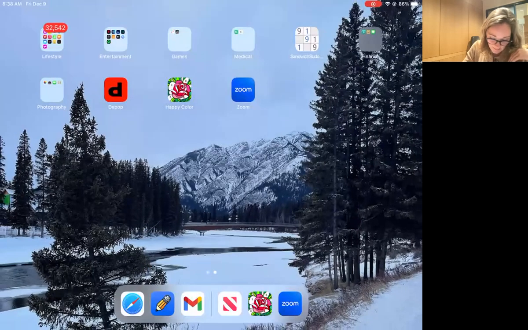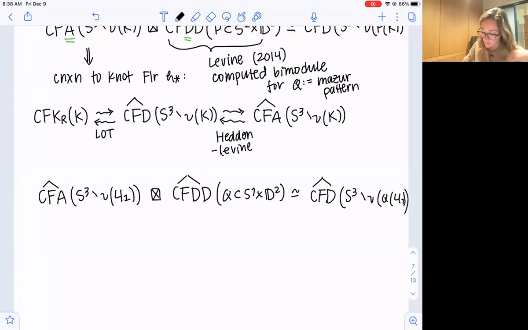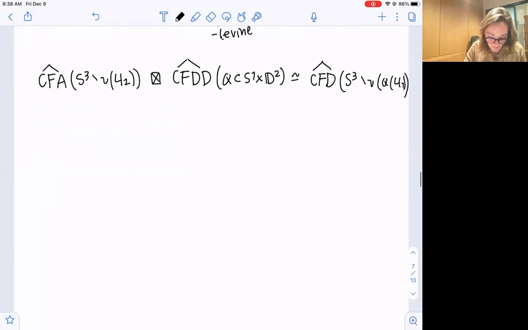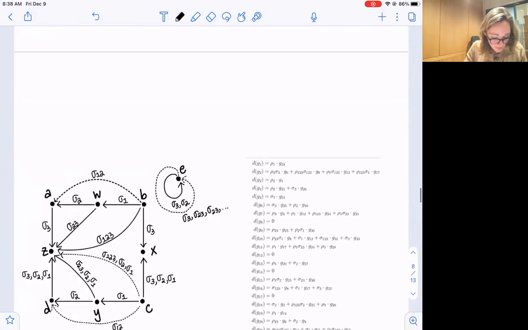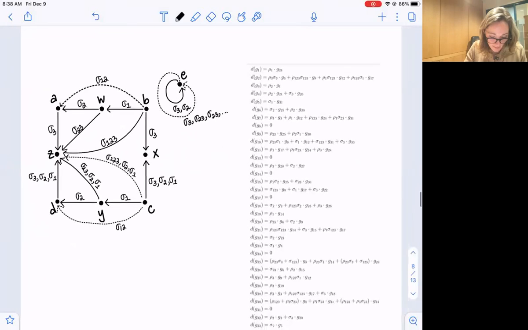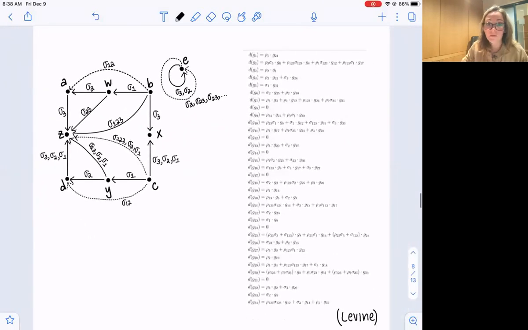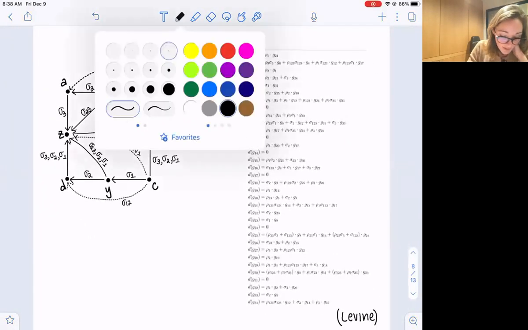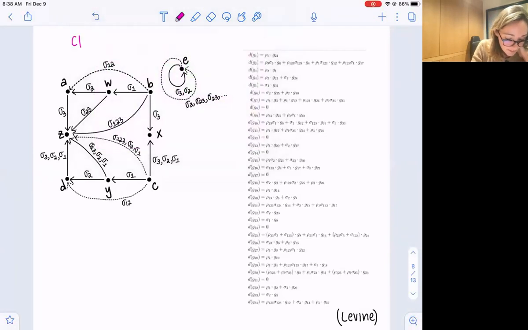Oh, sorry. Okay. So maybe I'll show you what these computations look like. I won't write them out now for reasons that will be clear. So here, maybe I'll zoom out a little bit. This module that I've drawn to the left is the type A structure of the figure 8, again, of the complement of the figure 8.